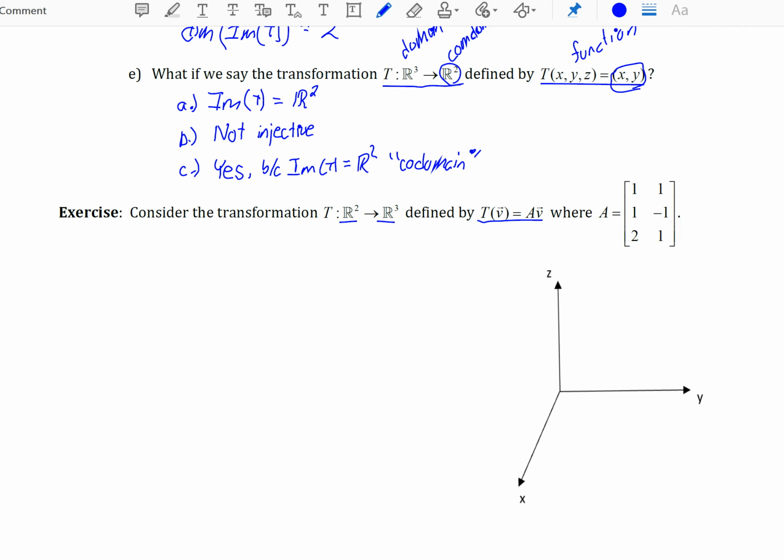Another way I could write this is to say that T of, now remember we're starting in our domain, which is R2, so maybe an (x, y) element, maps it into R3 by multiplying by this matrix of transformation.